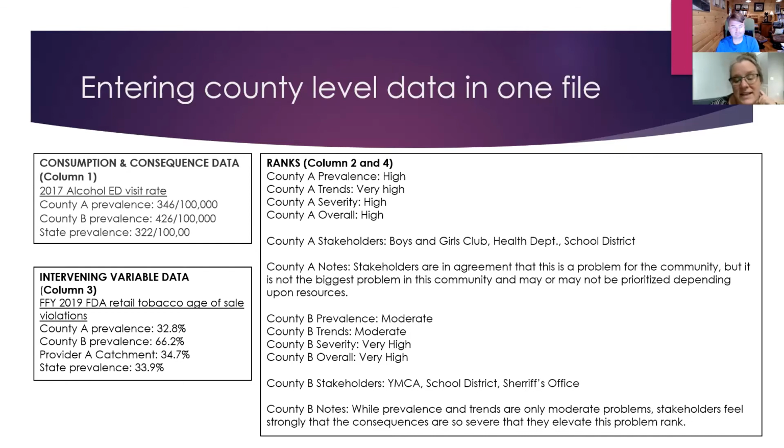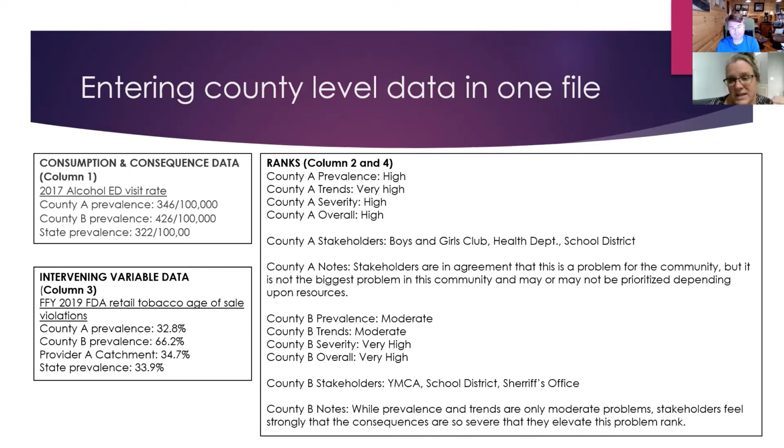And you can see again in that big box for the ranks that we would list the County A prevalence, trend, severity, and overall ranking. We just briefly note who's there. It's not important to have all the formal names.